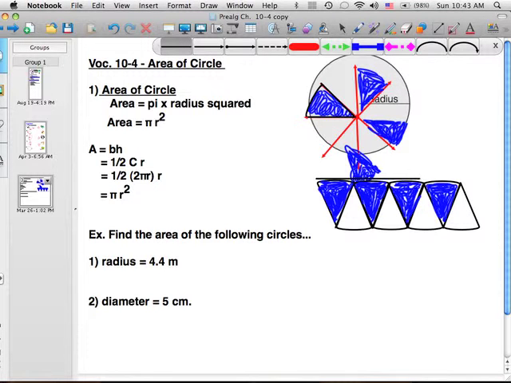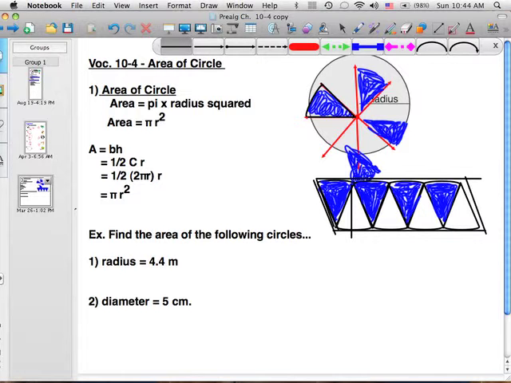Basically, here it is. And remember, for a parallelogram the area formula is base times height, and the height is the distance right here, which is actually just a radius, and the length, the base, is halfway around the circle.